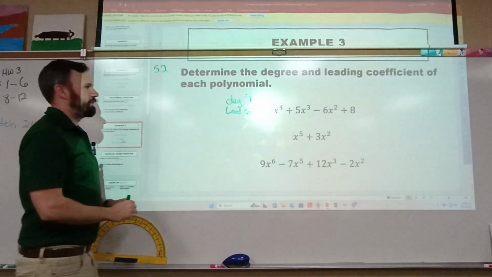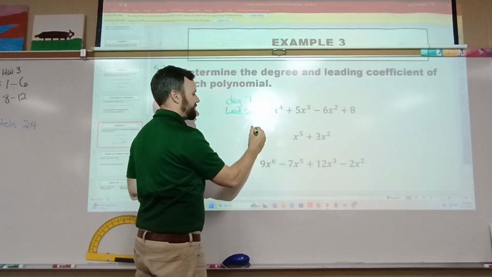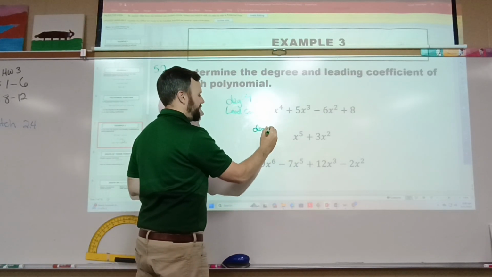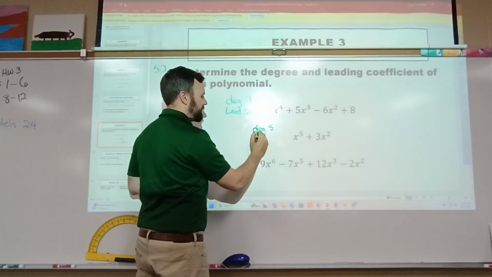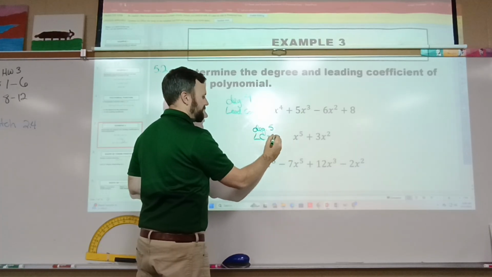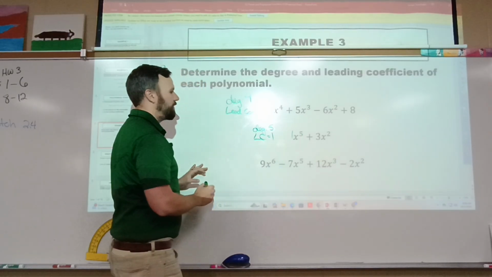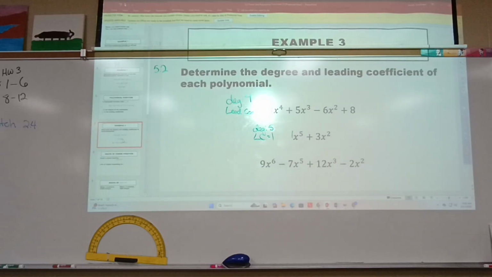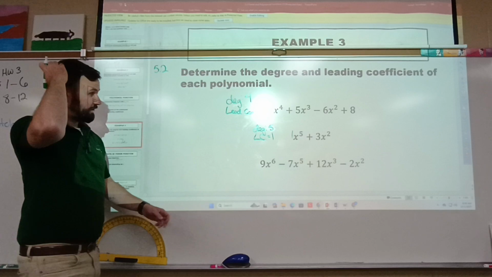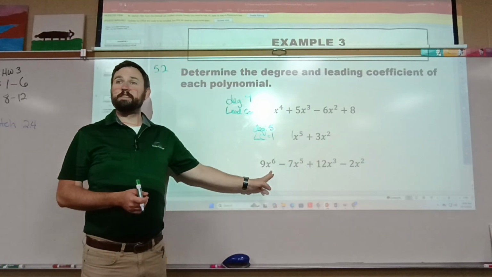All right, what's my degree of this one? 5. Yeah. What's my leading coefficient? What number is in front of it? Same as my money in my wallet, $1.